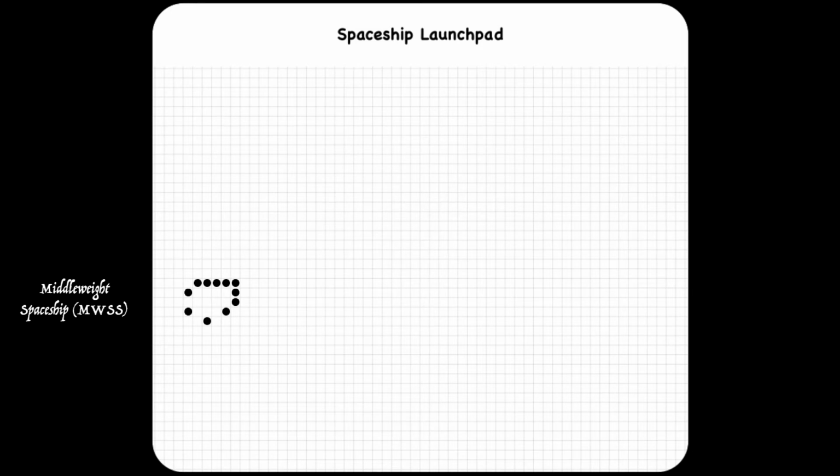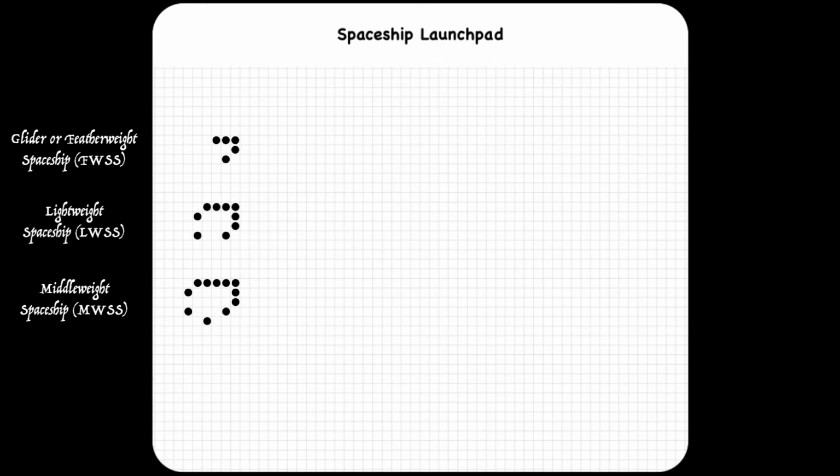And we have known another spaceship called the glider. It's sometimes called the featherweight spaceship. You can see there's slight similarities. Now there are two others. There's a lightweight spaceship and a heavyweight spaceship. So there's a whole family of 4 spaceships with the familiar glider going all the way up to the heavyweight.